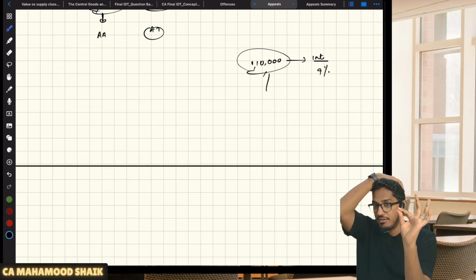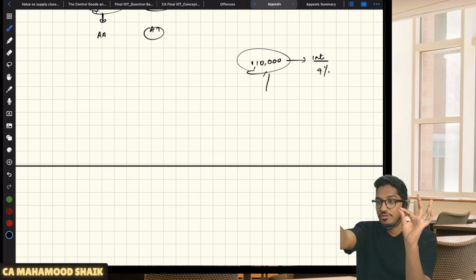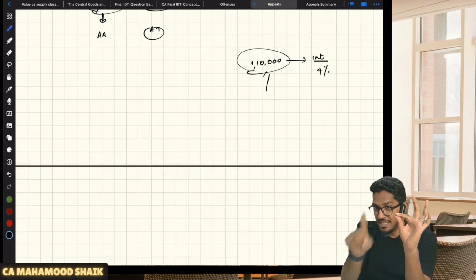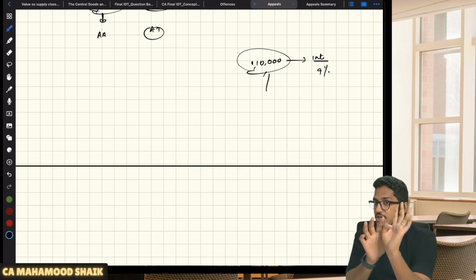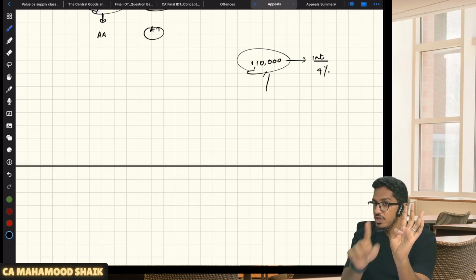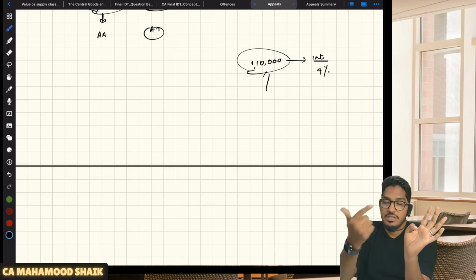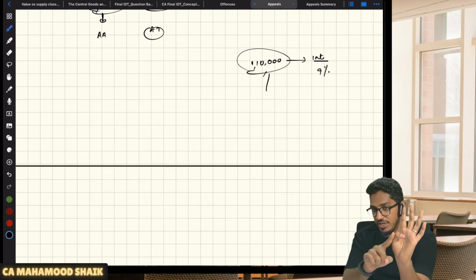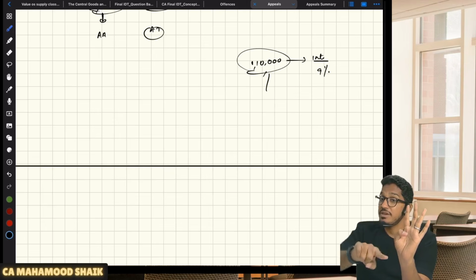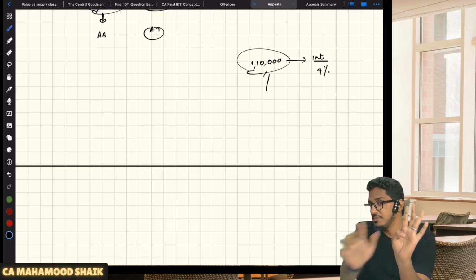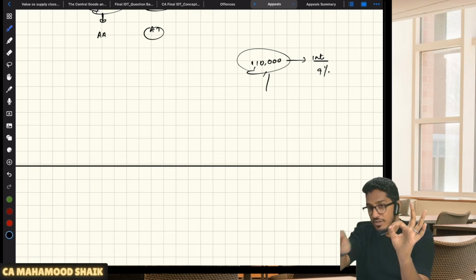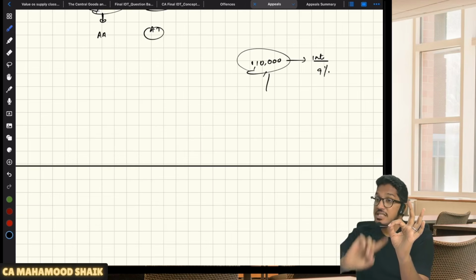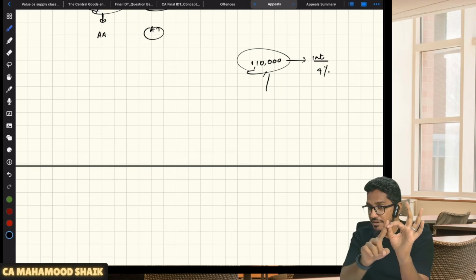I told you in the refunds chapter, if you refer to that section, interest on delayed refunds, there itself I have told. So I am talking about 3 refunds here. 2 refunds we already know. You are eligible for a refund claim. You made an application and within 60 days, if the department did not give you the refund, they will refund it with interest from the 61st day till the date of payment at the rate of 6%. In case you are getting a refund because of an order of a court or tribunal, then also you will make an application from the final order, and within 60 days they have to grant the refund.